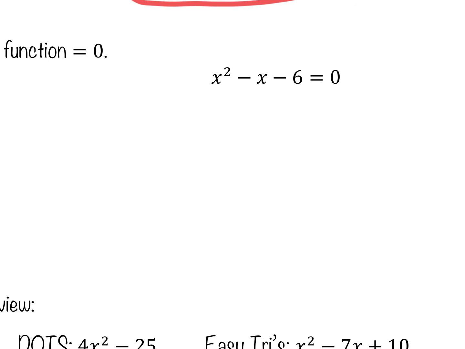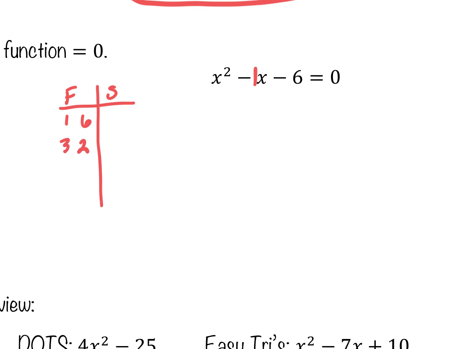Now, you should recognize from earlier in the week that this is an easy trinomial. So I need to figure out what multiplies to negative 6, or my factors of negative 6. But they have to add to negative 1, or their sum has to be negative 1. So if we brainstorm factors of 6, we have 1 and 6, 3 and 2.